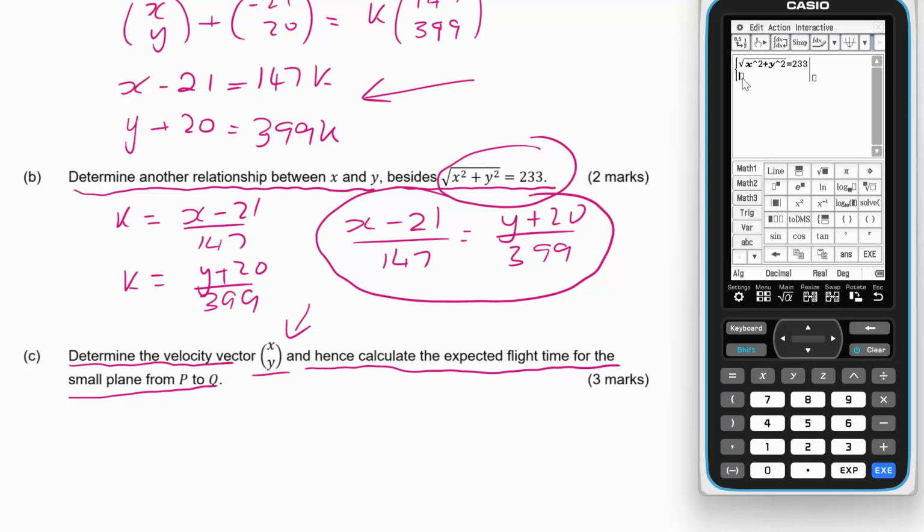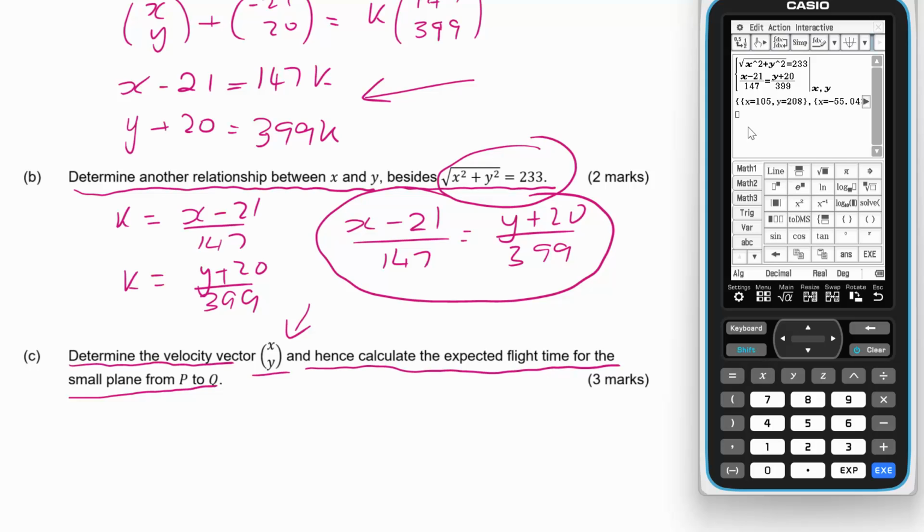And then down here, we've got x minus 21 over 147, and that's going to be equal to y plus 20 divided by 399, and that's solving for x and y.